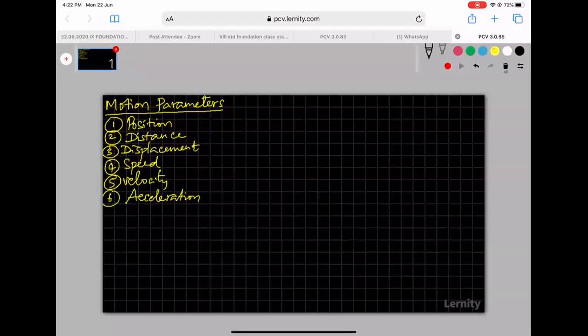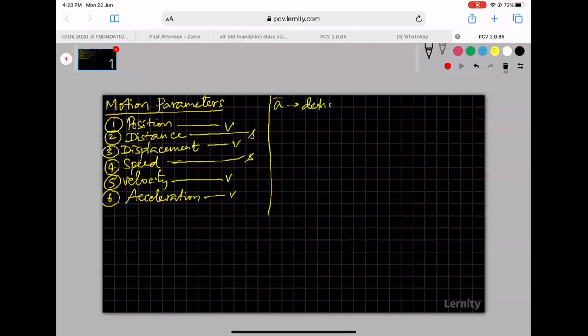Among these, some are vectors and some are scalars. Beware. Acceleration is denoted by a bar. Clearly, it's a vector quantity.